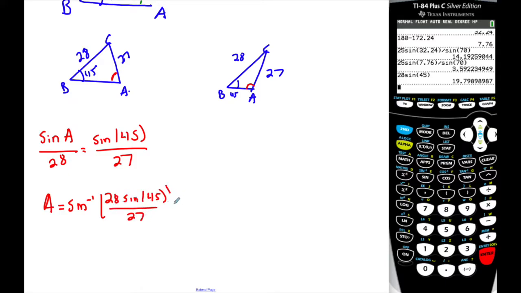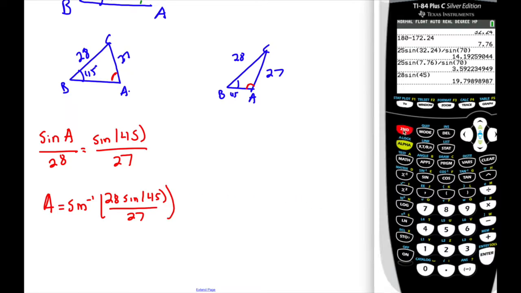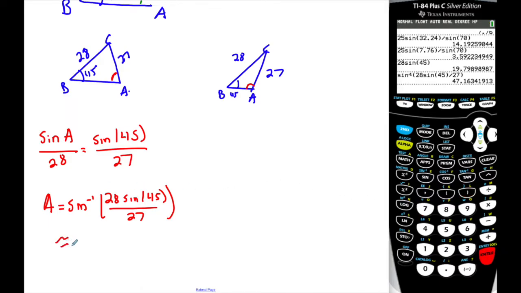I think one of the things that makes this problem difficult is the fact that I'm mixing up the letters on you. So you're used to seeing things stated in a particular way, and now I'm mixing them up, but the ideas remain the same. Okay, so A, 28 sine 45 over 27, A is approximately 47.16 degrees, meaning that's A1.